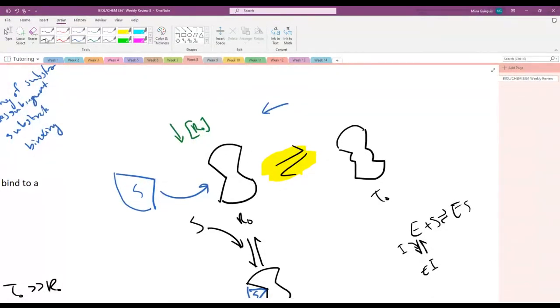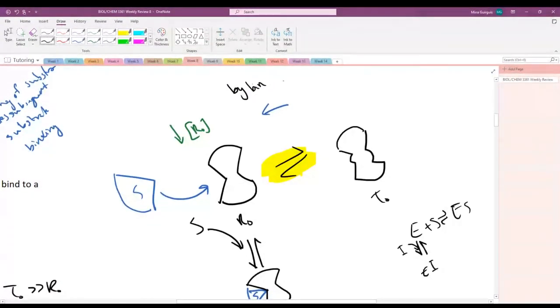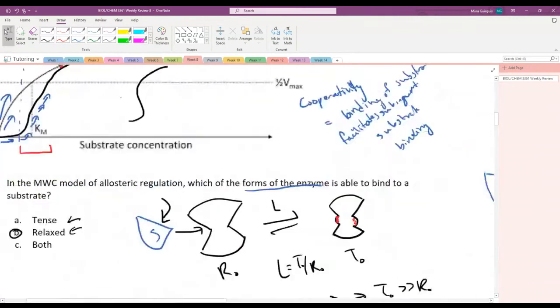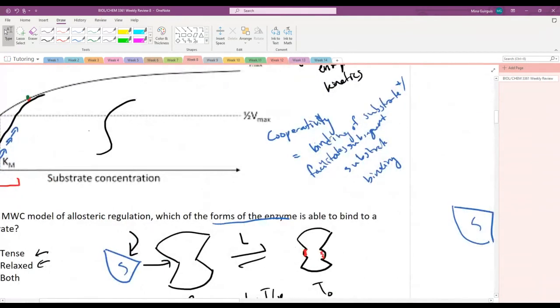In other words, by binding R0, we get more R0 from T0.